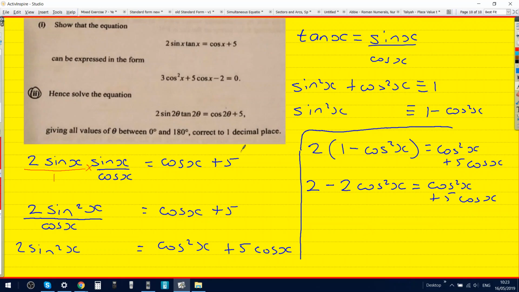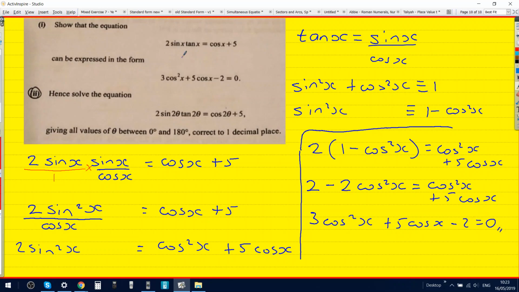You're trying to make it look like their one. So take everything to the other side. Yep, and then that's it. 3 cos squared x plus 5 cos x minus 2 equals 0.